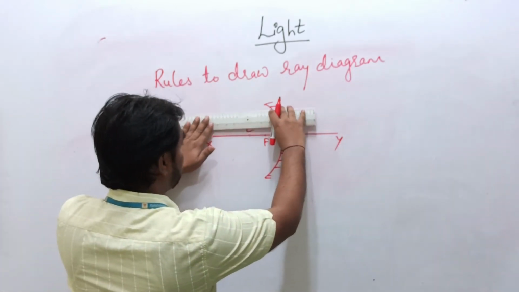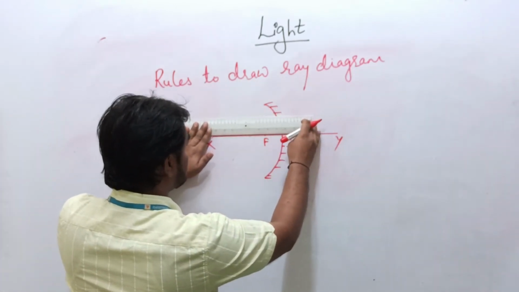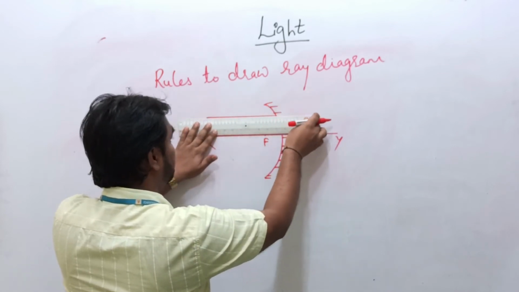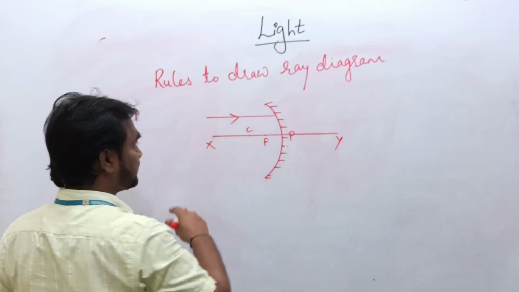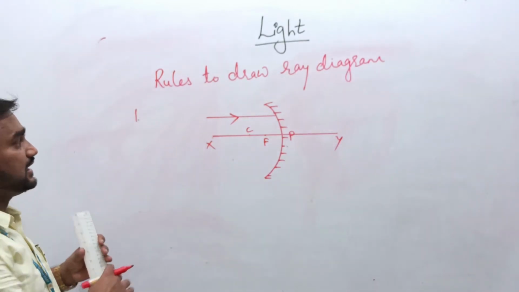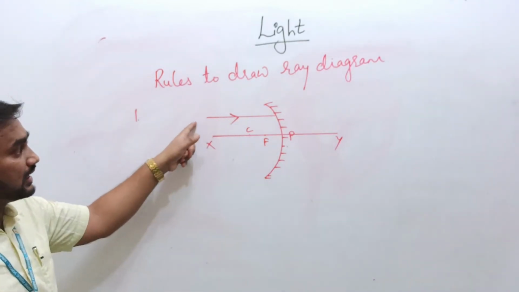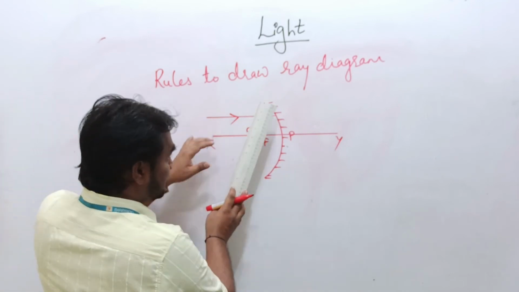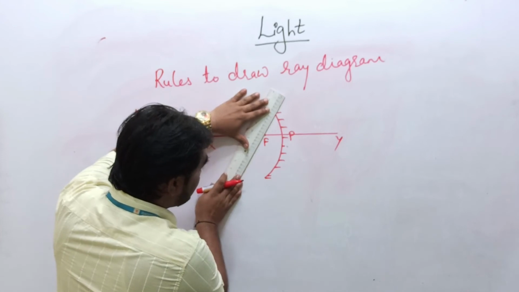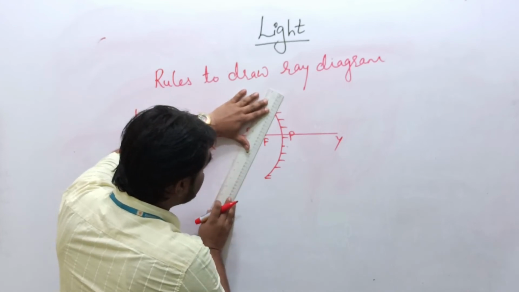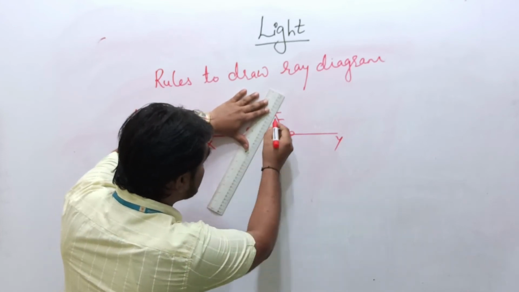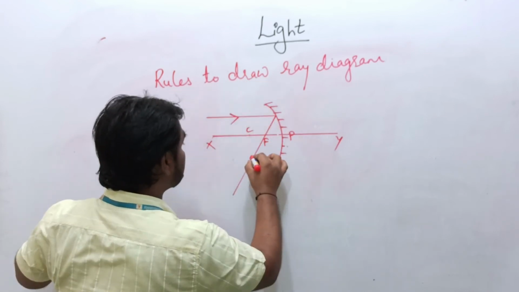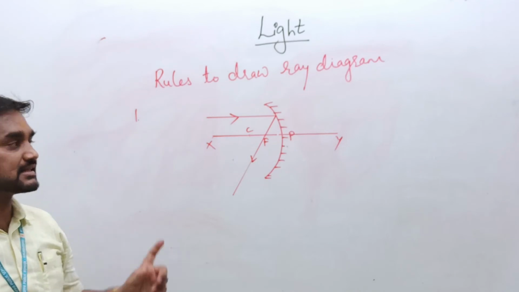Whenever the light ray, that is the incident ray, is parallel to the principal axis, then the light is going to reflect, and the reflected ray must pass through the principal focus. This is the first rule.